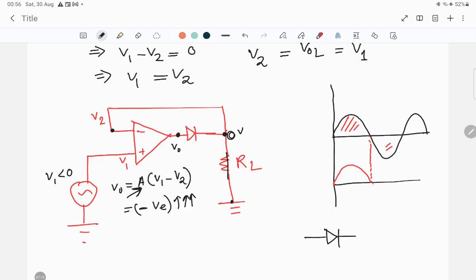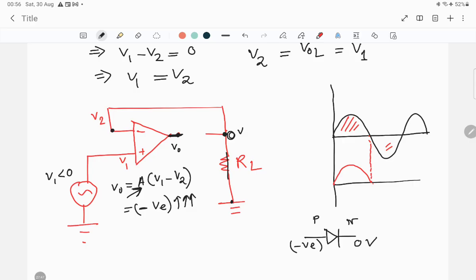So on the N side you are providing 0 volt, and on the P side you are providing a very high negative value. So ultimately this diode will be in the reverse bias condition. This diode will not work. So this is the open path.